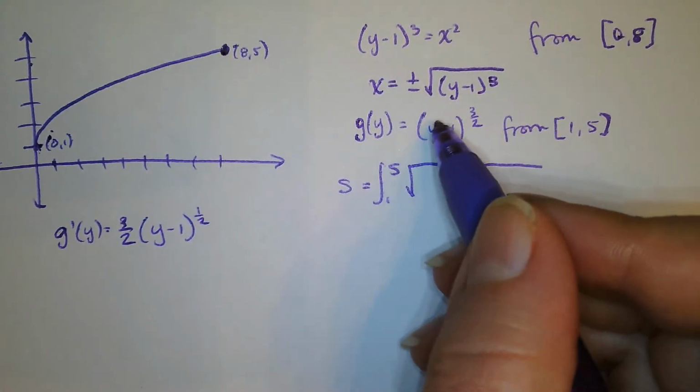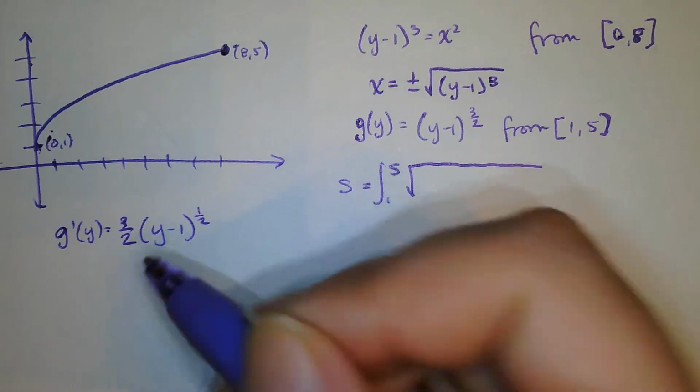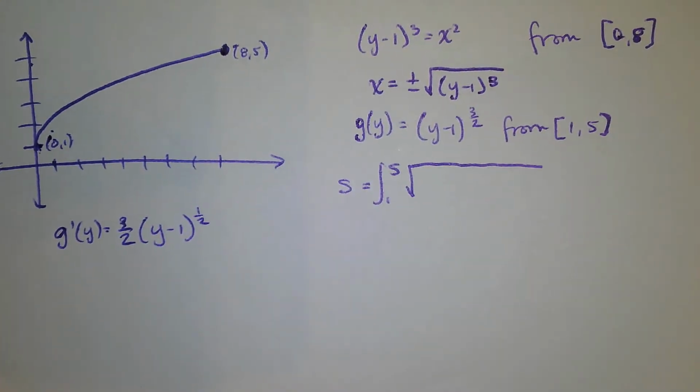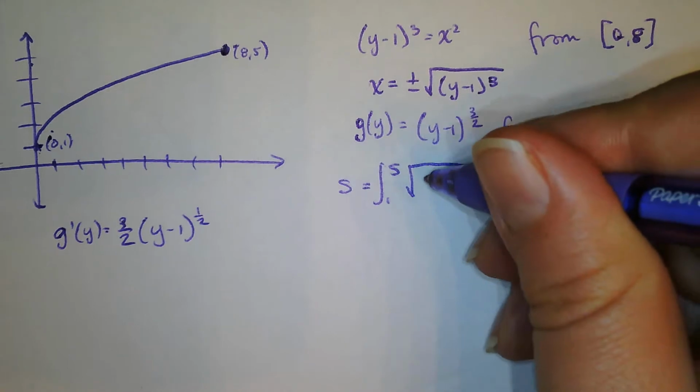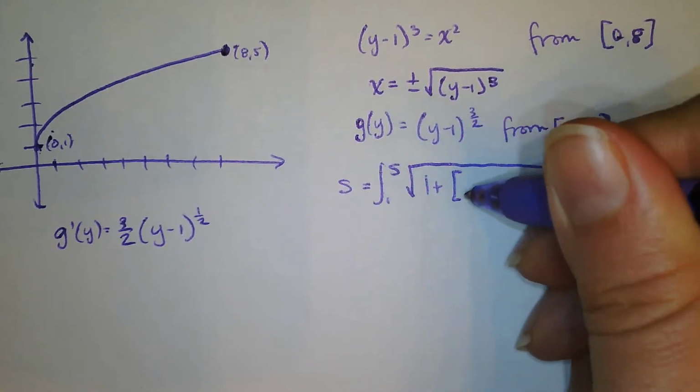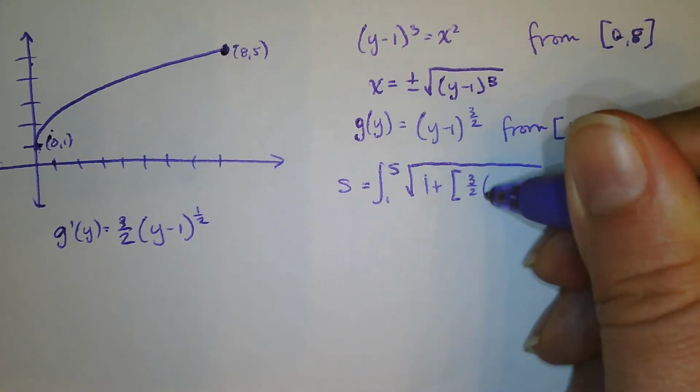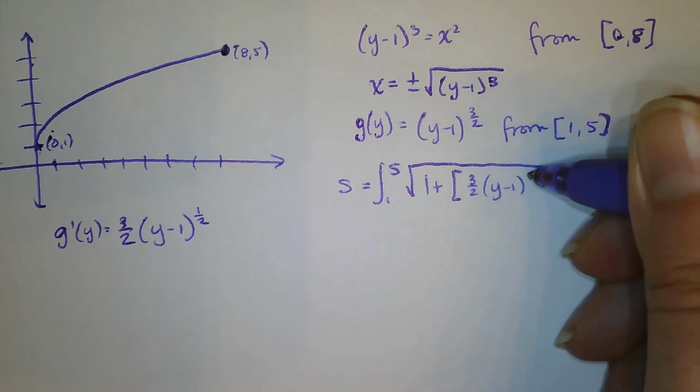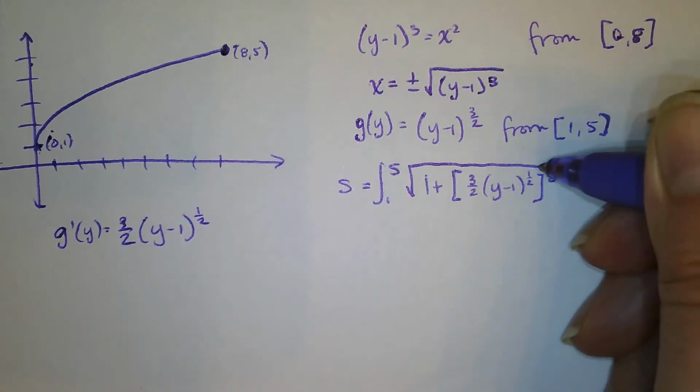And then the derivative of the inside, which is just 1, which we don't even have to do. So there's our derivative. Anyhow, 1 plus 3/2 (y minus 1) to the 1/2, squared, dy.